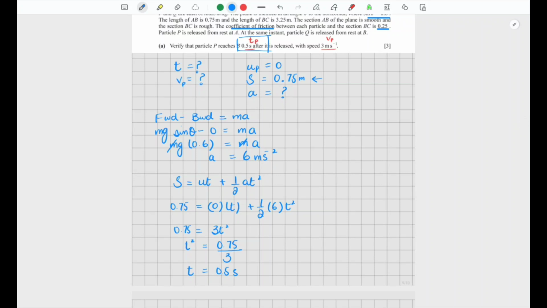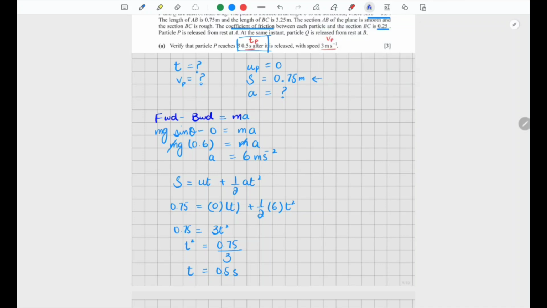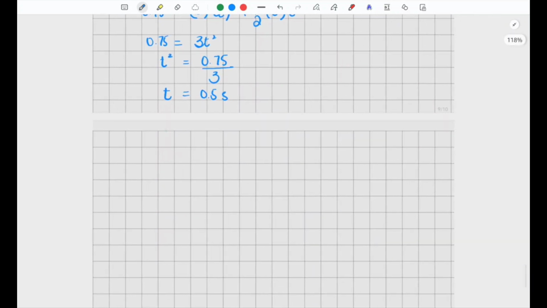Okay, now these are the set of formulas that we have used so far. Lastly, to find out velocity, we can use v equals u plus at, because we know initial velocity, acceleration, and now we also know the time.